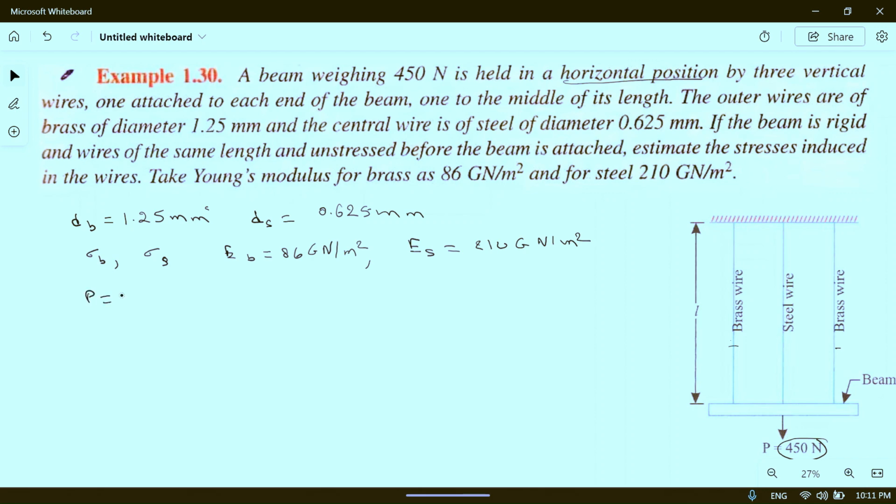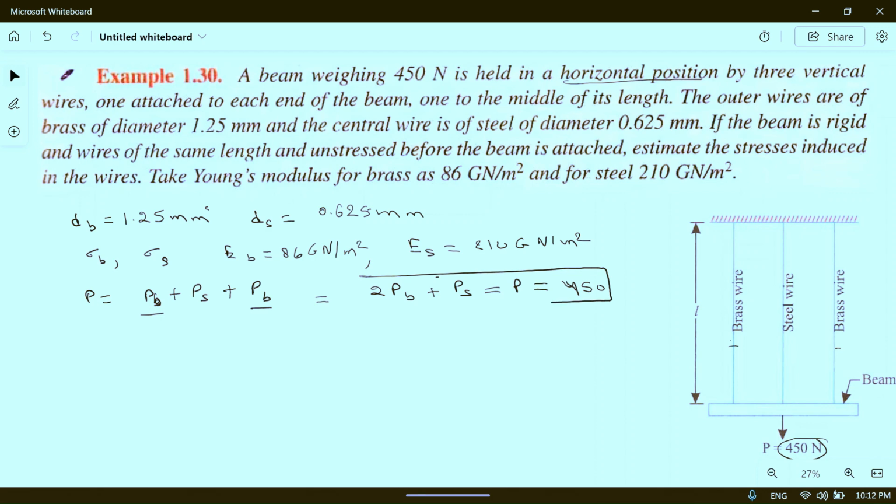So total load P is equal to 450, which will be distributed on these three wires, not equally, but it will be distributed as P brass plus P steel plus P brass, because there are two brass wires and they are identical, so P brass will be the same in these two cases. So the load is equal to 2 P brass plus P steel, which is equal to 450.